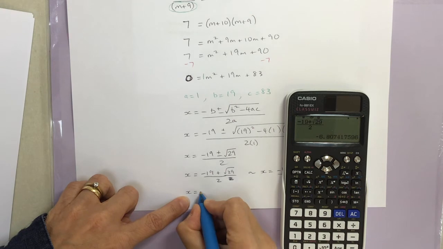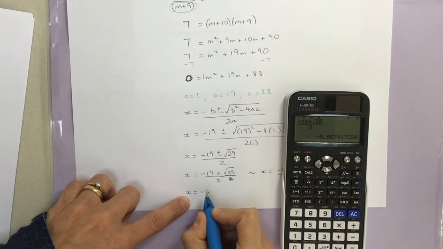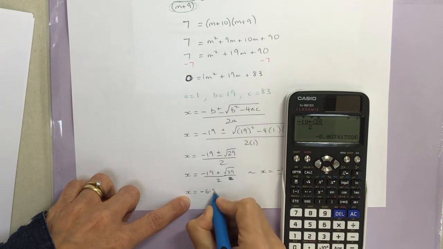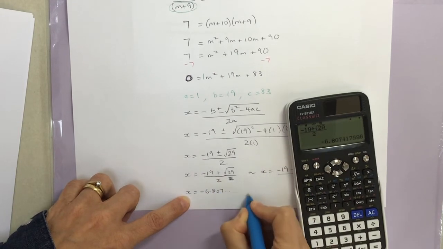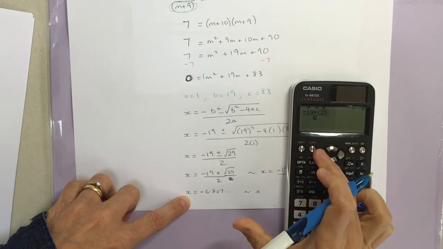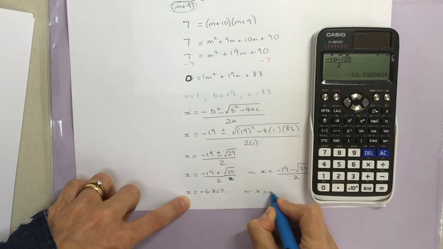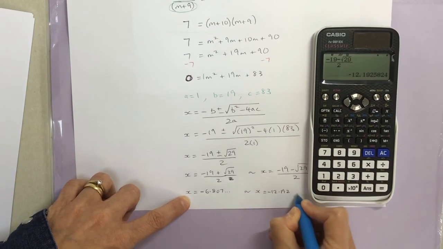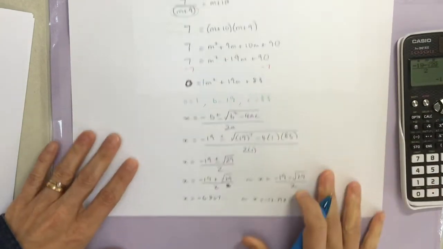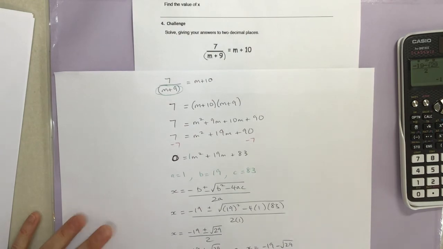And that's given us the answer negative 6.807, or from this side, let's change that to a negative, or minus 12.192. And this is just an algebra question, so it doesn't matter that my answers are negative now, that's okay.